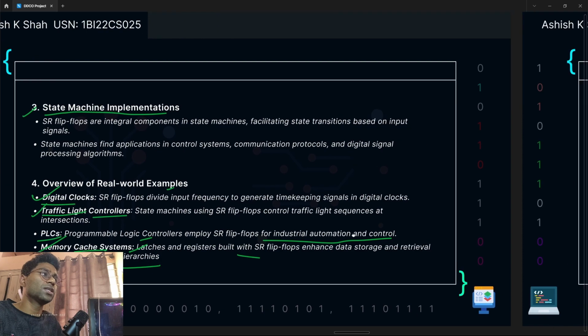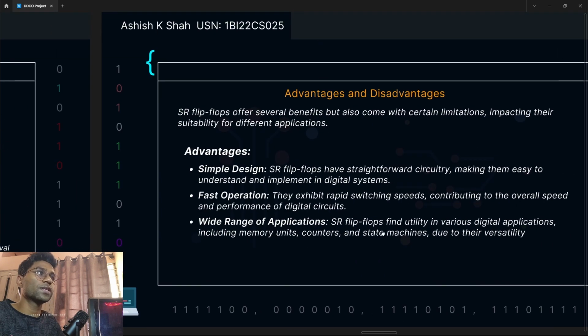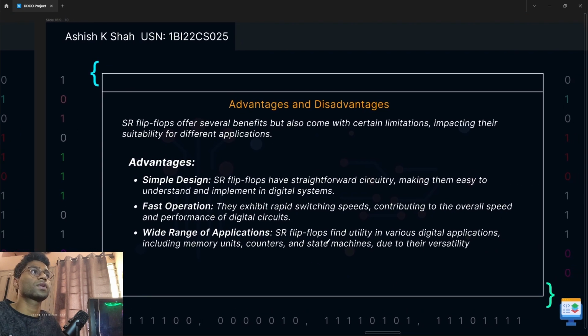So let's go through the advantages and disadvantages of SR flip flop. SR flip flop offers several benefits but also comes with certain limitations, because everything has its advantages and disadvantages.